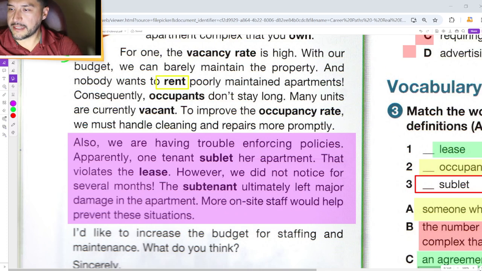Okay, here it is. In the policy, it's a violation, violates the lease, the policies, and the subtenant left major damage.